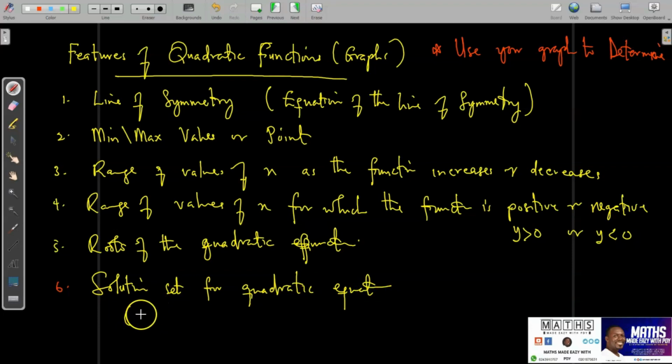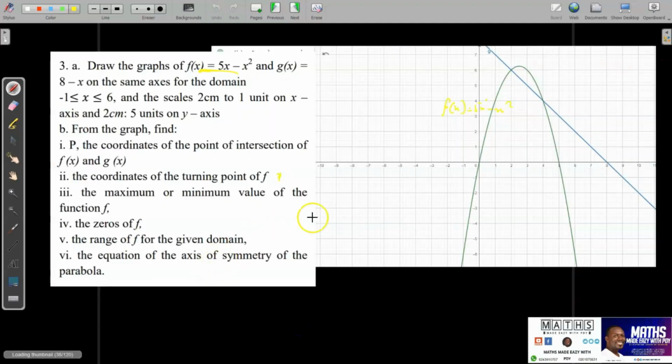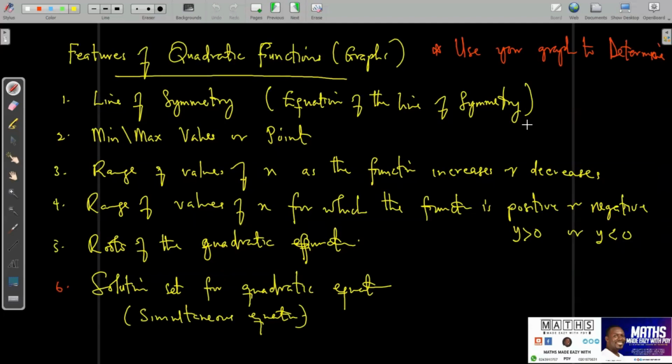Sometimes it even goes ahead to bring on board simultaneous equations. For instance, for the previous graph that I gave you, per this question, they can ask you to solve the simultaneous equation here using your graph.